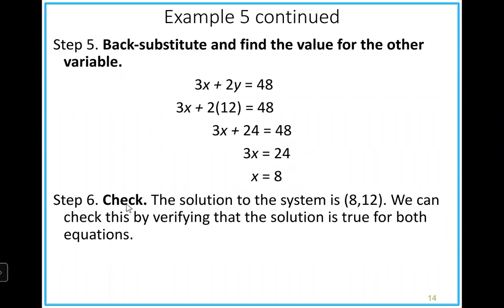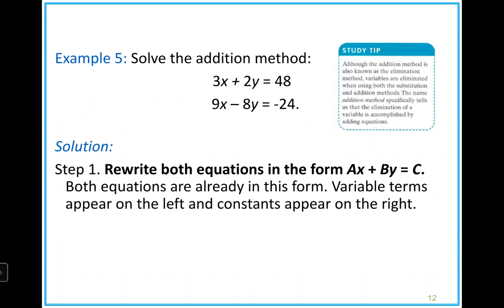Okay, and then you could check your answer with the two equations to see if it works for both. I'm not going to check it, but generally you should check to ensure that it works for both. I just want to focus on the method for the addition or elimination method.